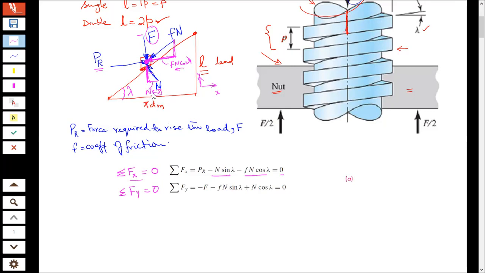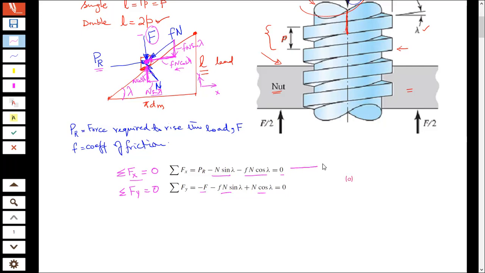And we will have minus Fn sine of lambda, and this one is going to be in this direction, so that is n cos of lambda. Okay. So I'll have these three forces, and the sum of these three forces should be equal to 0.